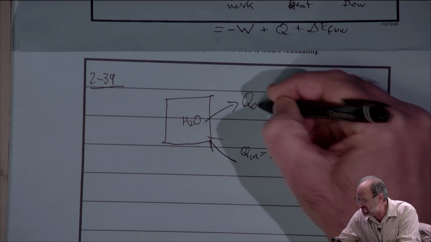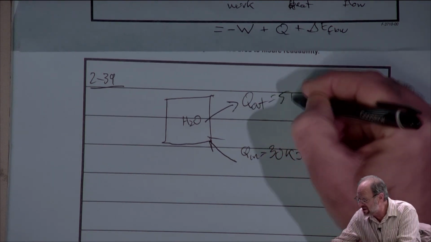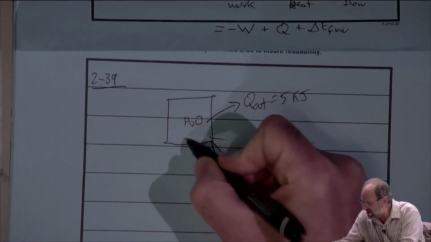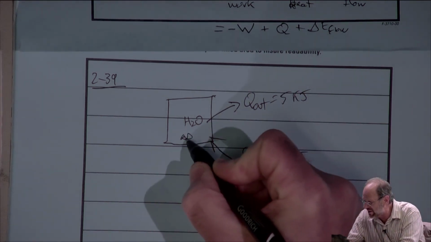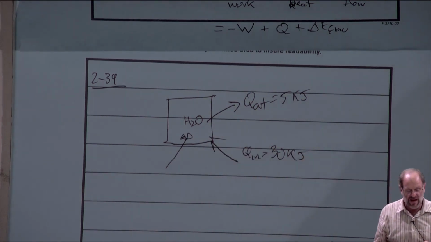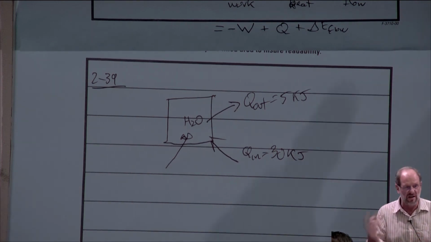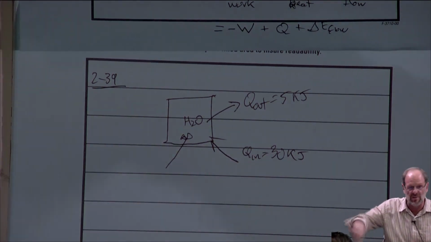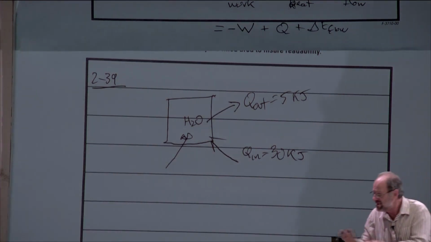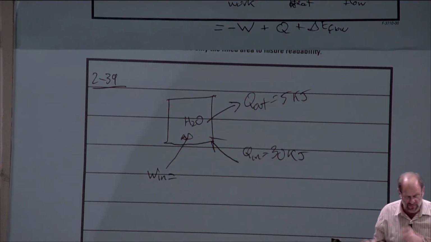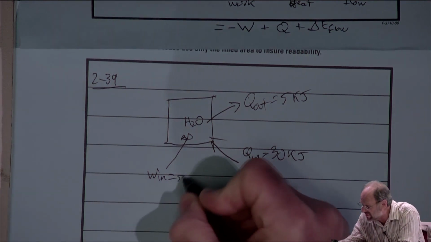So there's also going to be a certain amount of Q out of 5 kilojoules. And then there's this paddle wheel, so I'll just show a little paddle wheel in there. And a paddle wheel is a device that does work to the system, right? The water is not causing the paddle wheel to rotate. You're holding on to that paddle wheel, your big spoon, if you will. So there's a certain amount of work in this particular problem, and that amounts to 500 Newton meters.